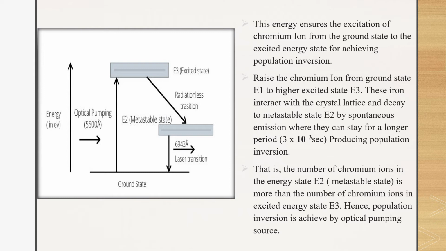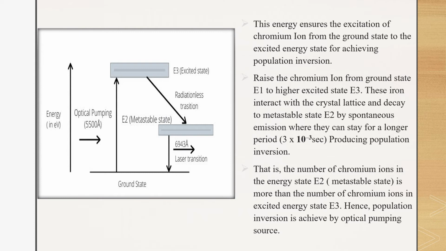These ions interact with the crystal lattice and decay to metastable state E2 by spontaneous emission, where they can stay for a longer period, that is 3 × 10^-3 seconds, producing population inversion.